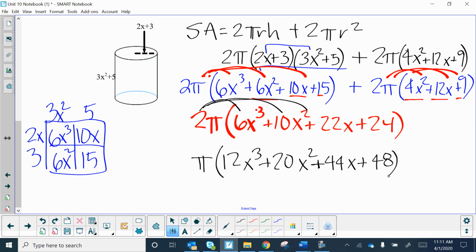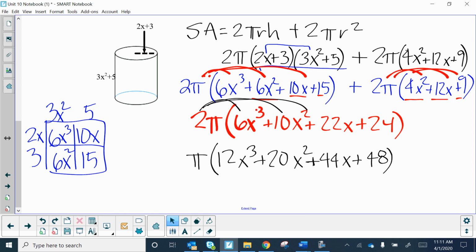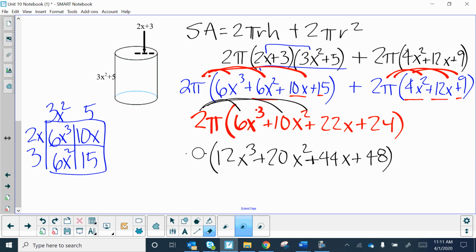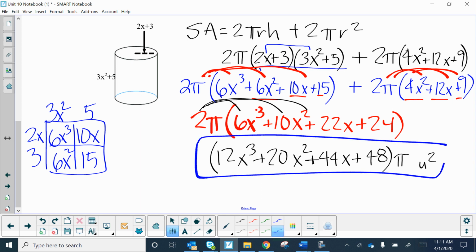Now I'm going to move the pi out on the other side because that's just how we usually say it. And this is in units squared. So my final answer is this right here.